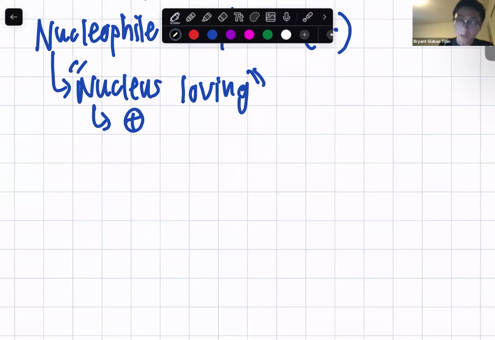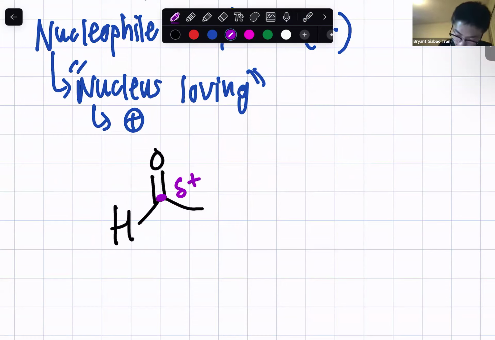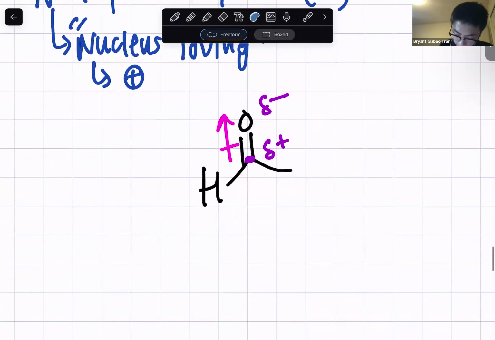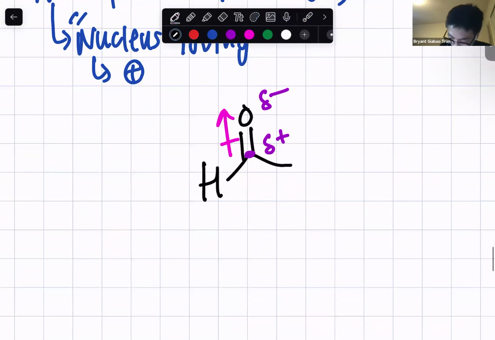Let's say in aldehydes and ketones, right? Let's look at an aldehyde right here. We know that this carbonyl carbon is partially positive because it is attached to this electronegative oxygen here that is withdrawing electrons from that carbonyl carbon. That makes it an electrophile for, let's say, any nucleophile.